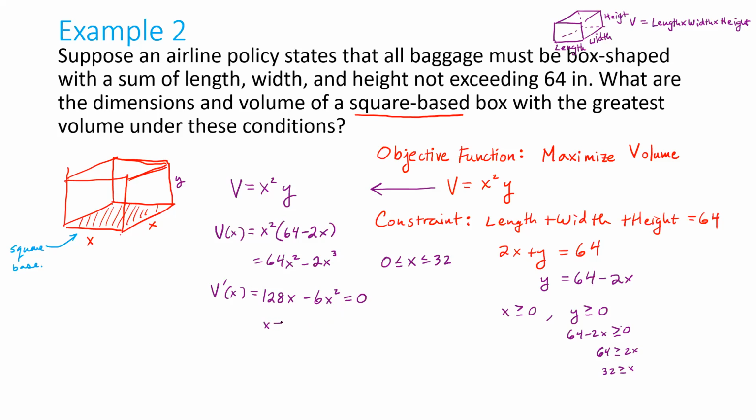Here, let me factor it. We can factor out the x, and then I've got 128 minus 6x. So we get x is 0, and let's see, 6x equals 128, so x is 128 over 6. That's 64 over 3, I guess.